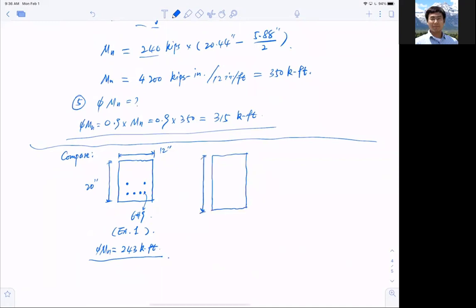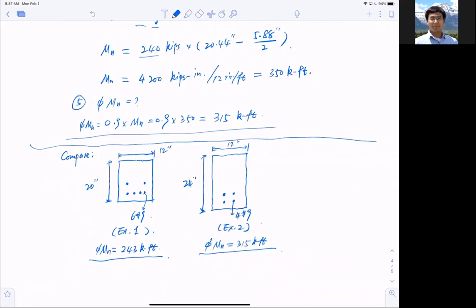So this is about 24 inch, and this is 12 inch. Okay, and for this case, I only have 4 number 9 bars. All right, and this is from example number 2, we just did. In this case, phi Mn written right here is 315 kip-foot.